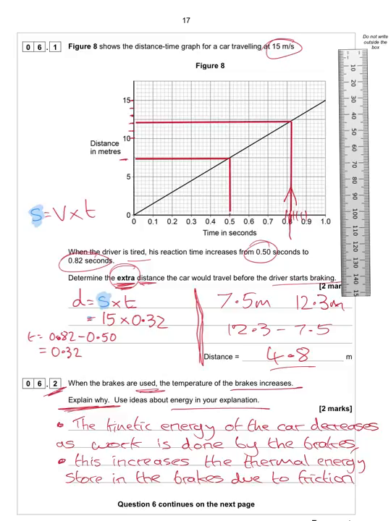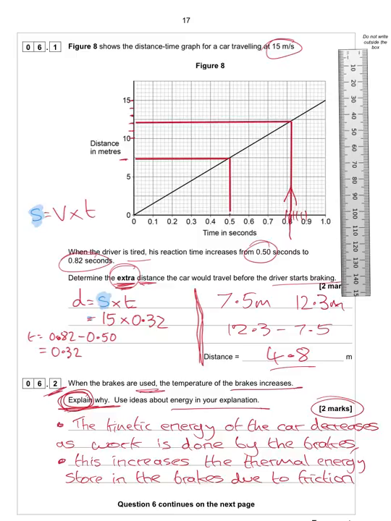Again, I'm using concise, short ideas to explain my answers. This is an explain question. You need to say why something's happening, not just explain what is happening. And again, I've used bullet points. It's a 2-mark question, so I need 2 parts to my answer.